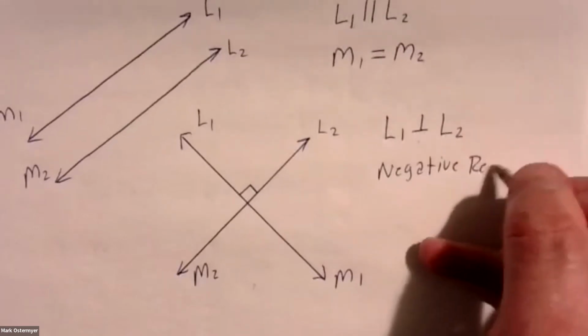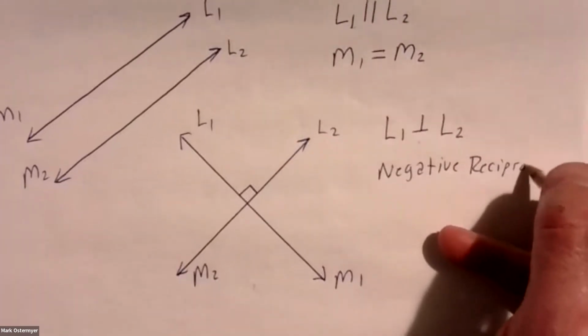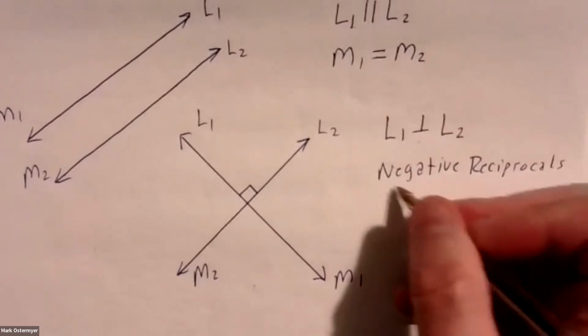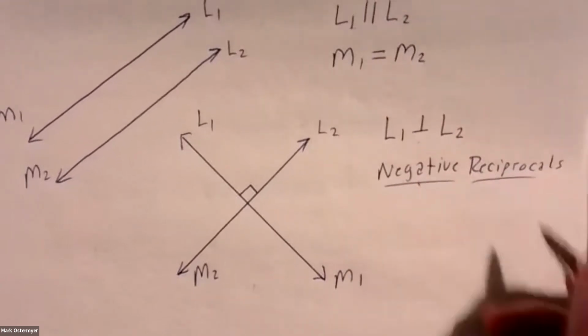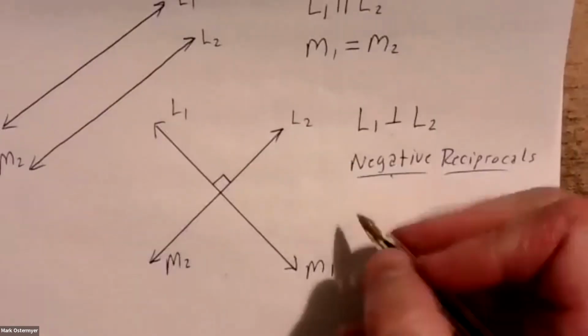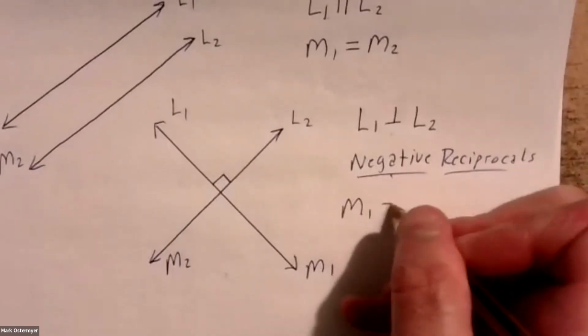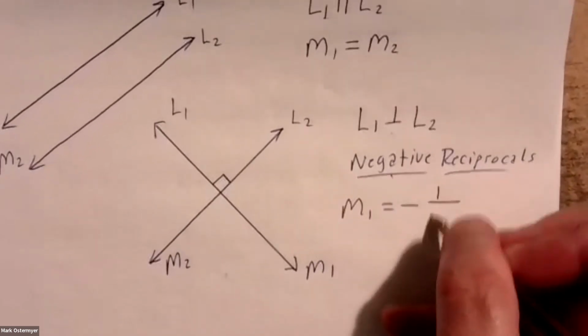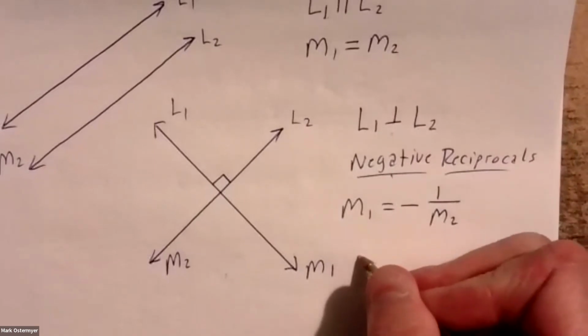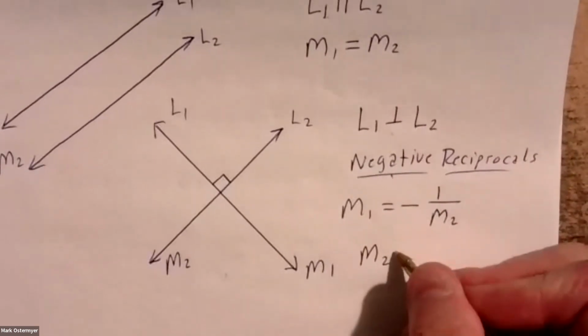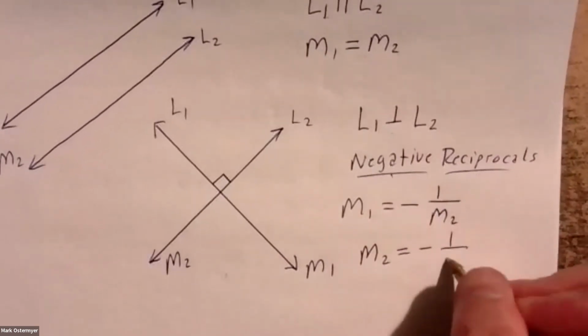So that's twofold here. They got to be opposite in sign, and they also have to be reciprocals of each other. So the slope of line 1, m sub 1, must be the negative reciprocal of line 2. Or synonymously, the slope of line 2 is the negative reciprocal of line 1.